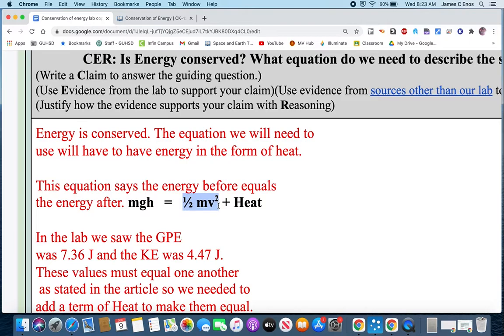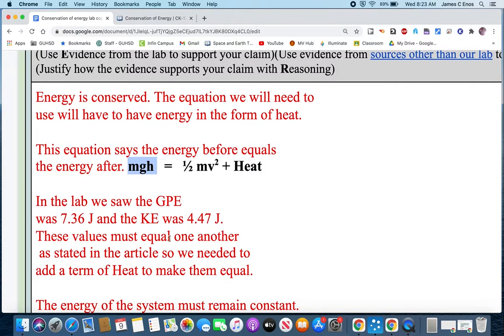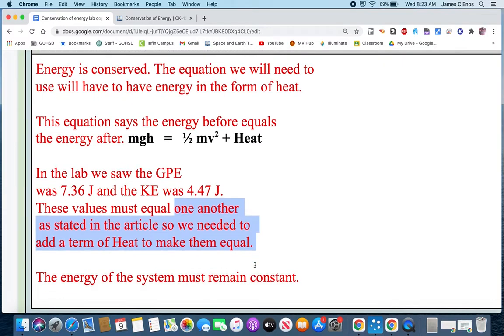If we were to say that, then that's not true, but it's this 4.47 plus something. That something is the difference between that 4.47 and the 7.36 that you had initially. These values must equal one another. The initial has to equal the final. So you have to add an extra term here of heat in order to make these be equal.